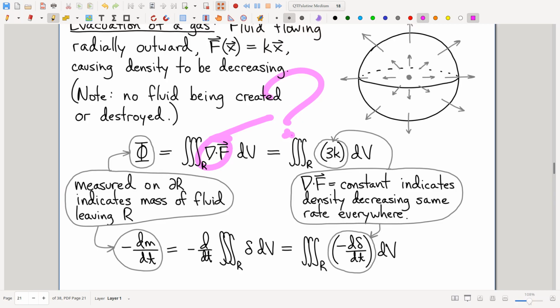What allows you to bring the d over dt into the integrand? Let's see how to say this. The integral doesn't have anything to do with t, right? So I can think of this integral as representing just a summation of a bunch of terms, and I'm applying that derivative to the total.